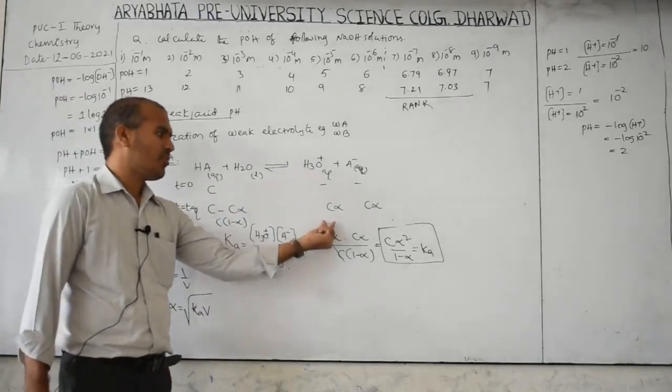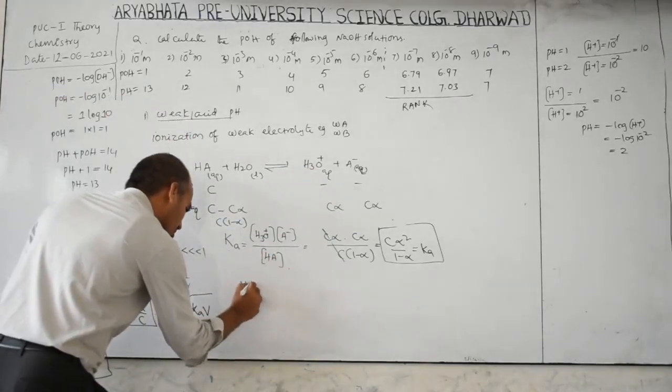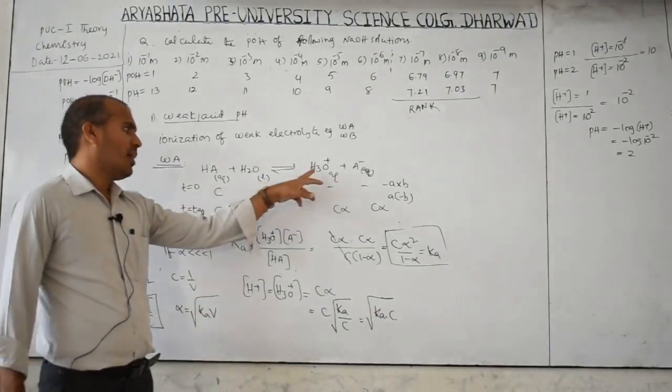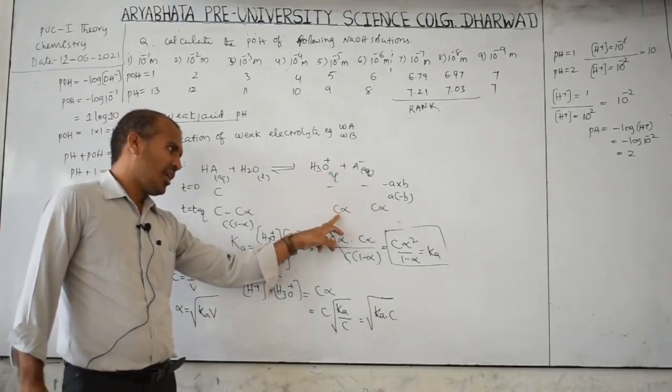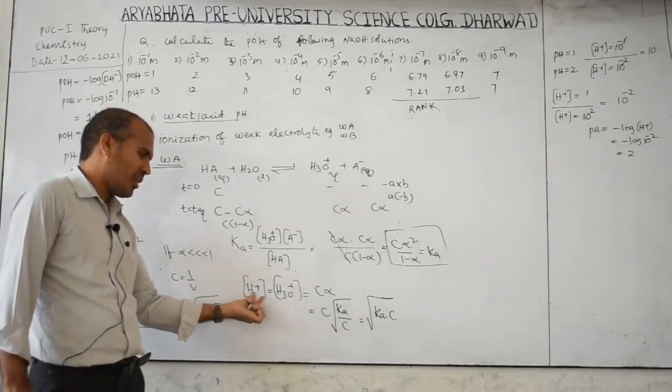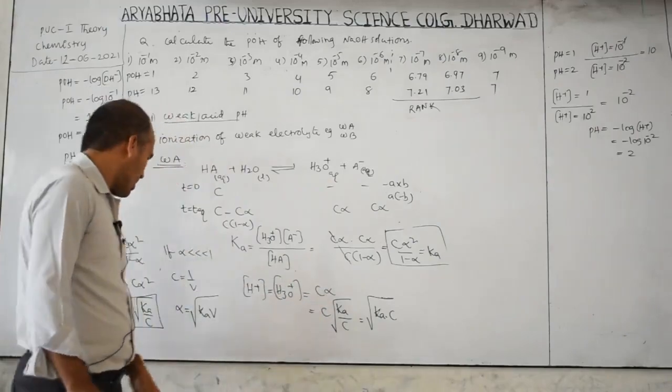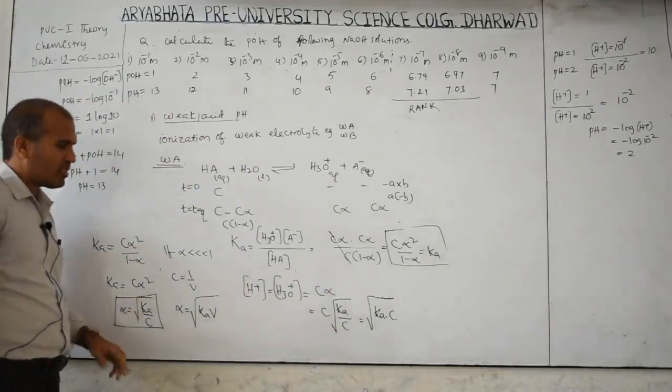Now based on this formula, the H+ ion concentration, according to this formula, H3O+ ion concentration at equilibrium is C alpha. H+ ion or H3O+ ion concentration is C alpha. C only. Alpha means what?